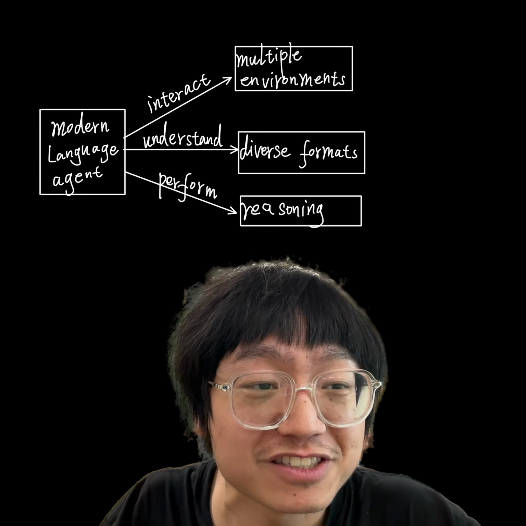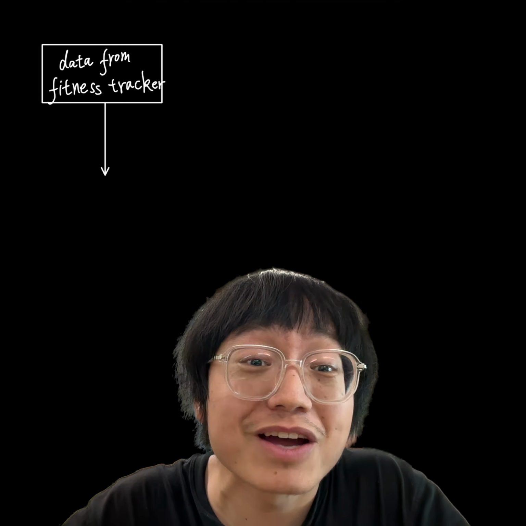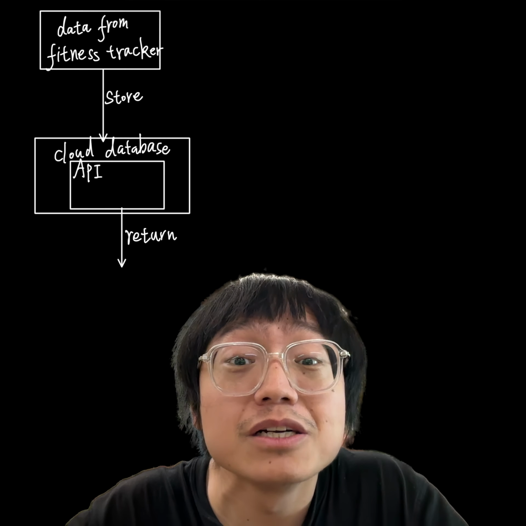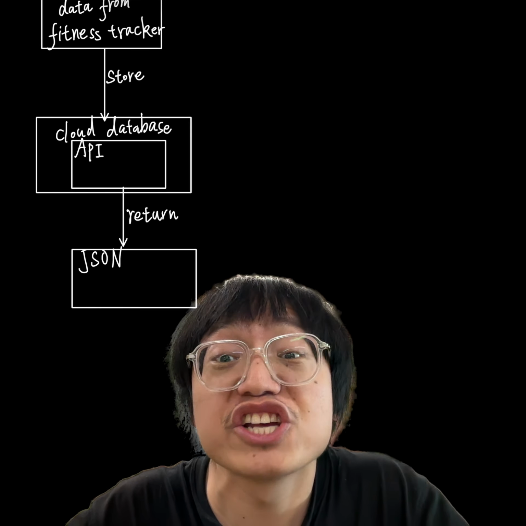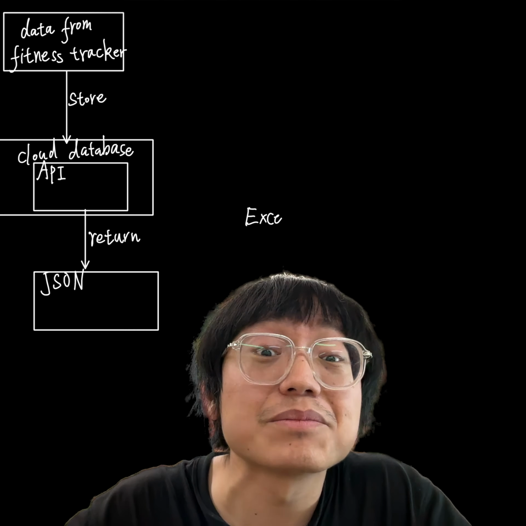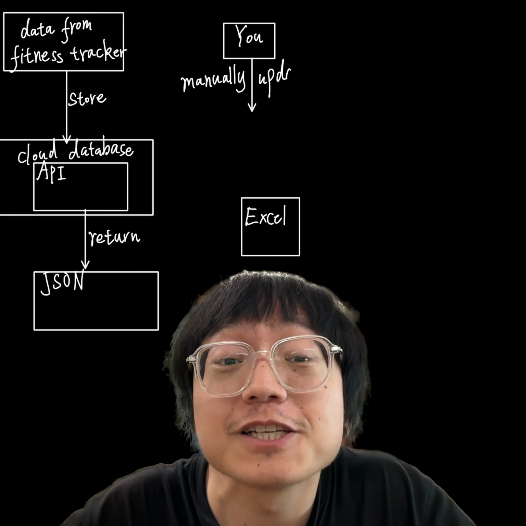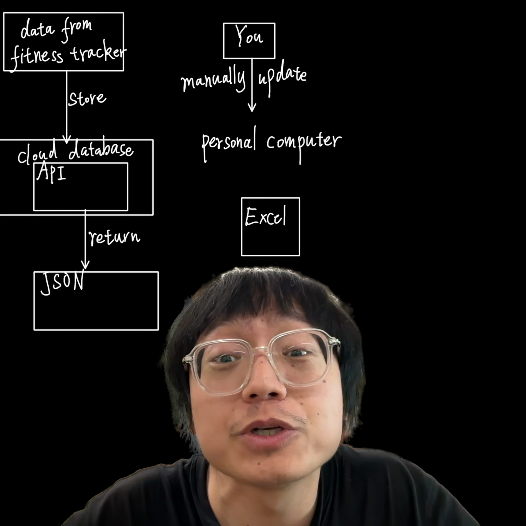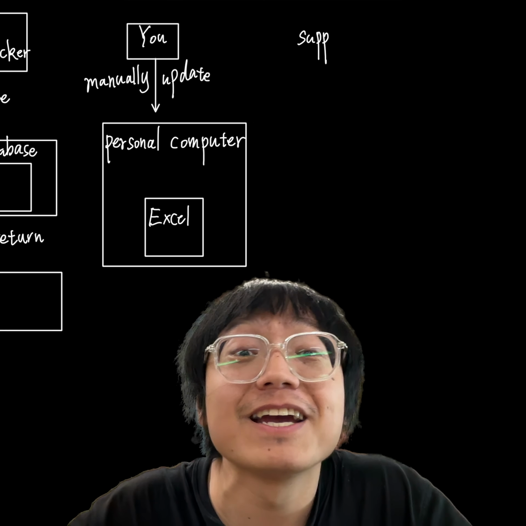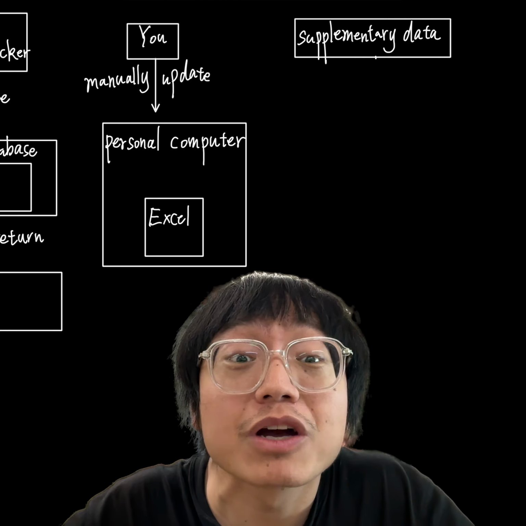past 6 months. For instance, part of the data comes from a fitness tracker, which is stored in a cloud database accessible via an API that returns results in a JSON format, and another part of the data is stored in an Excel file that is manually updated during a vacation, and it is stored on your personal computer.